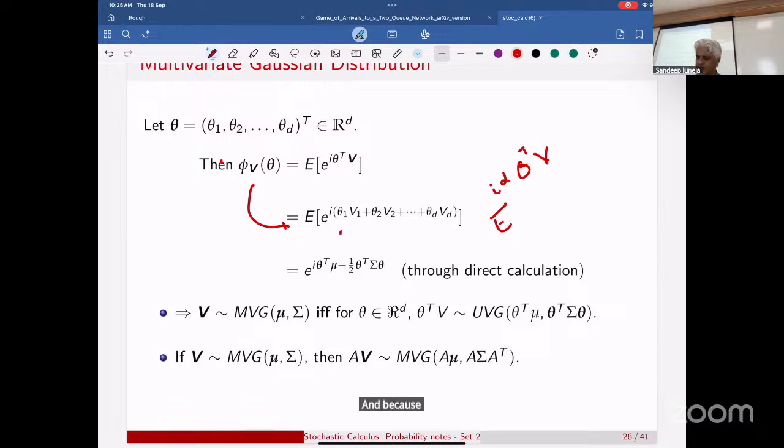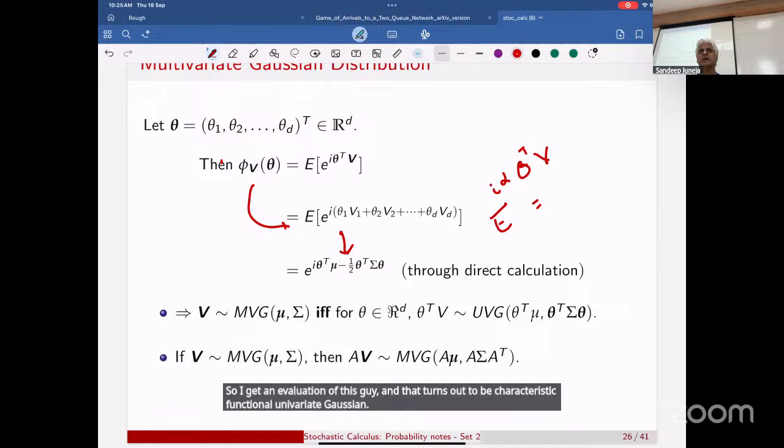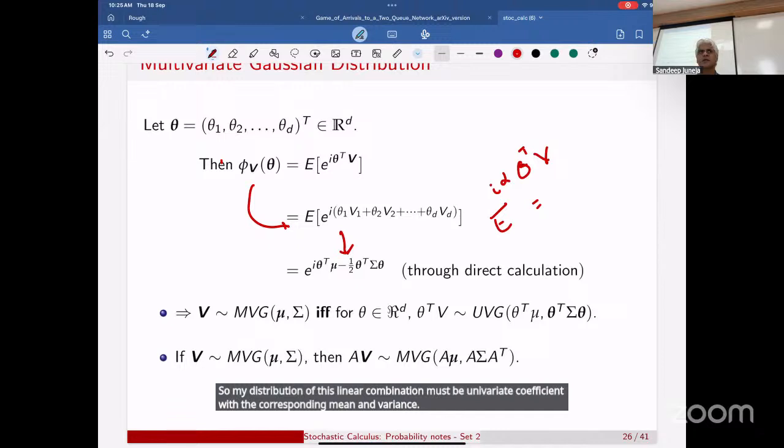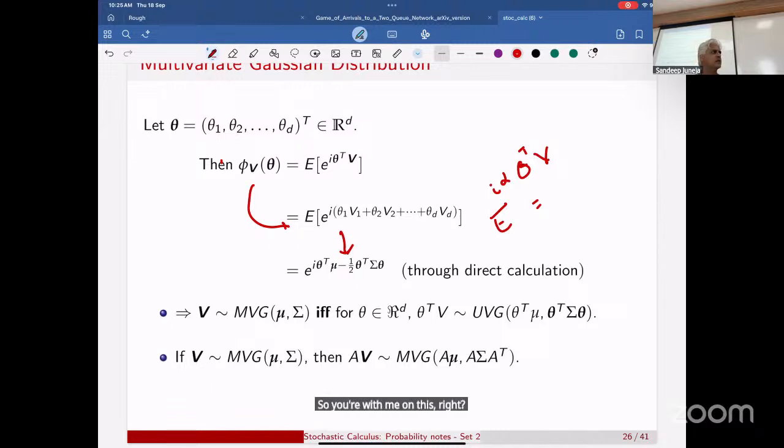And because I have this formula here, I can evaluate this. So I get an evaluation of this guy, and that turns out to be the characteristic function of a univariate Gaussian. And characteristic functions uniquely identify a distribution. So the distribution of this linear combination must be univariate Gaussian with the corresponding mean and variance. So you're with me on this, right? We assume multivariate Gaussian, we got univariate Gaussian. We assume univariate Gaussian, we got multivariate Gaussian.